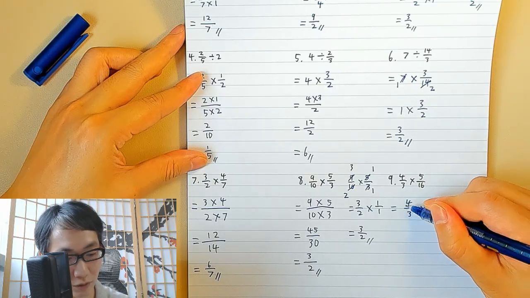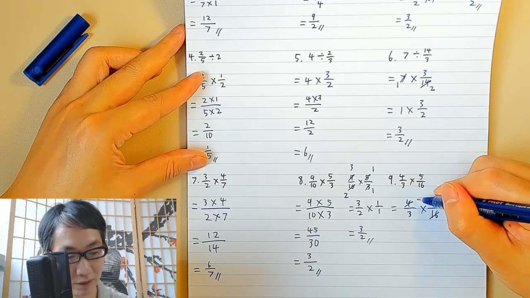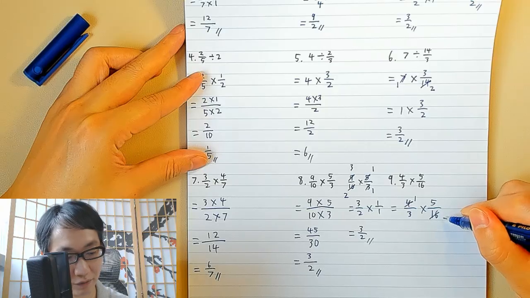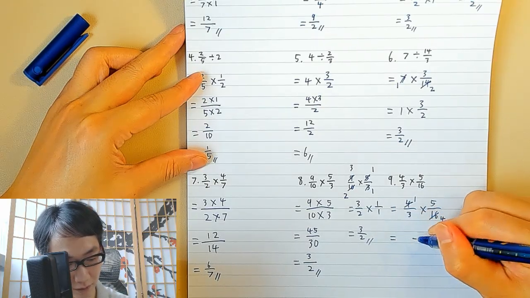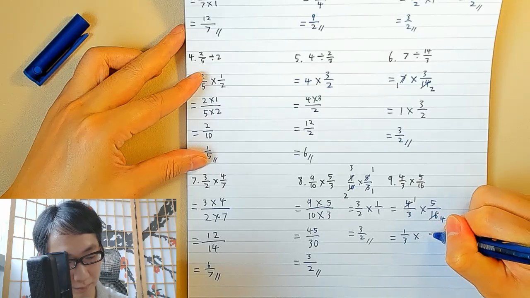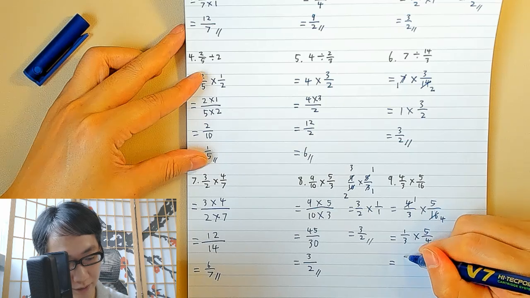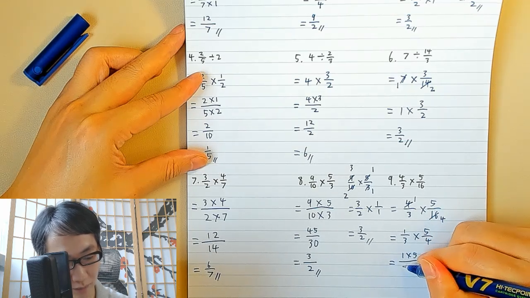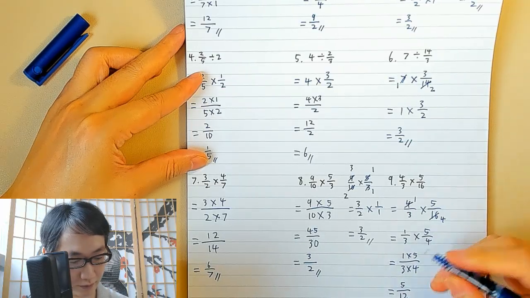So these two can both be divided by 4. 4 divided by 4 is 1. 16 divided by 4 is 4. Okay. So we have 1 over 3 times 5 over 4. And numerators multiply together, denominators multiply together. 5 over 12 is the answer.